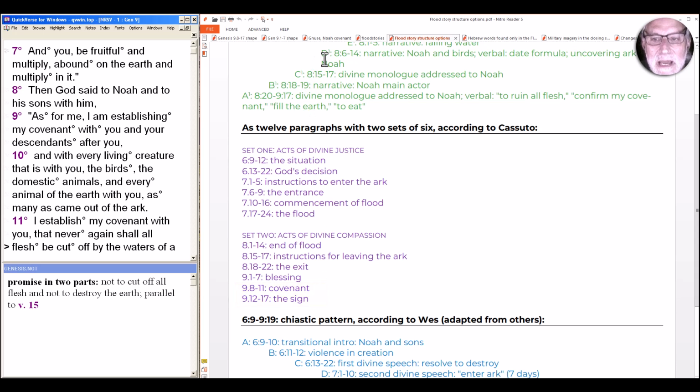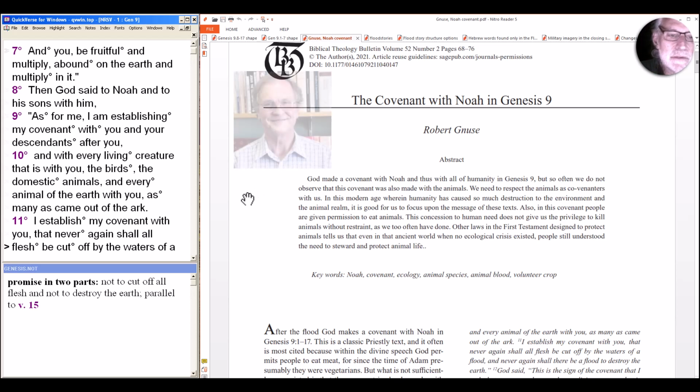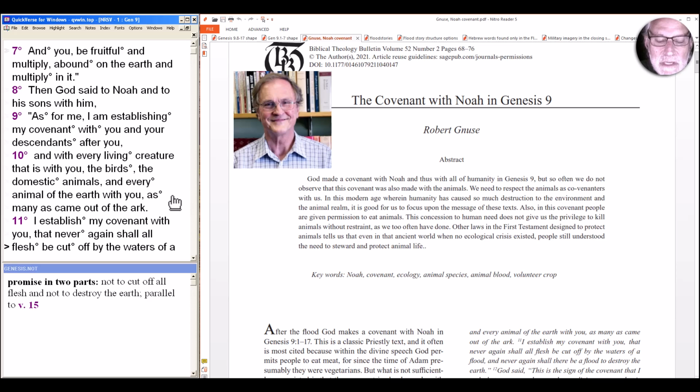One of the poignant aspects of this passage, and I'd like to bring up this piece from Robert Newson, you can see him there, a scholar who's been working in the Bible for over 40 years. He got his PhD in 1980, and one thing he notes in this article, as you can see at the top, published in 2021, so just very recently, is how recently scholars are noting what I hope by the end of this video you'll see is obvious, that this covenant between God and Noah is not just about human beings and God, but emphasizes over and over it's with all created beings.